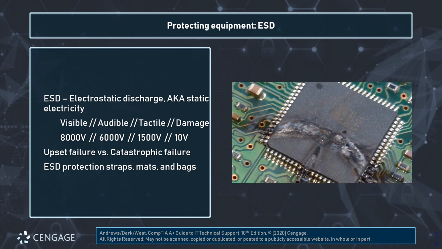Electrostatic discharge, also known as static electricity, or ESD. I have included in this slide an example of very aggressive ESD, where you actually see the surface of the contacts, the board, and the chip have all experienced very dramatic discharges of electricity.